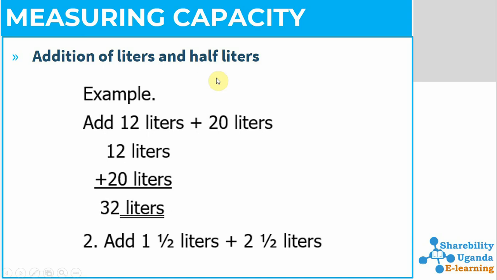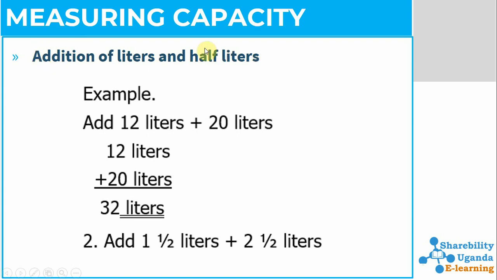Because in the world of business you have been hearing about this is a 20-liter jerry can, this is a 5-liter jerry can, this is a half-liter bottle. Like some of us good at taking water, they tell you to go and buy a 1-liter bottle.